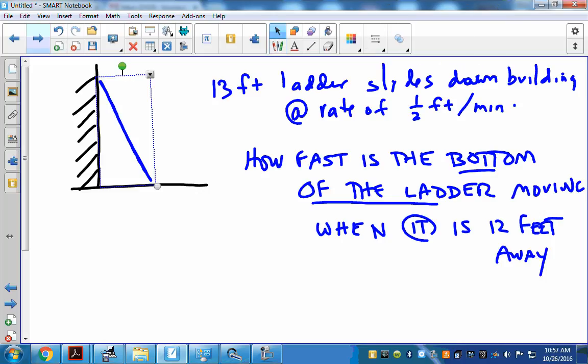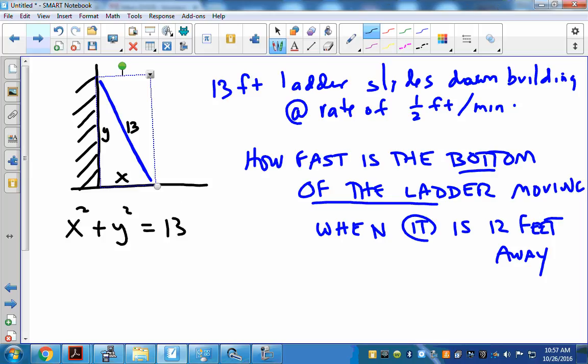Okay. We start with our geometry equation. Let's call the horizontal distance x, the vertical distance y. These are changing with respect to time. The ladder is 13 feet long. That doesn't change. So here's our geometry equation: x squared plus y squared is 13 squared.